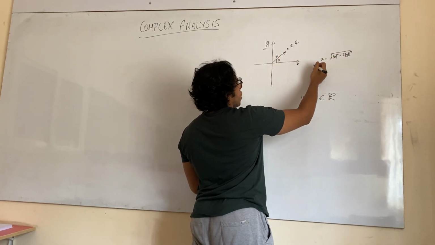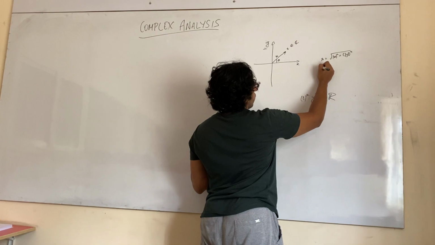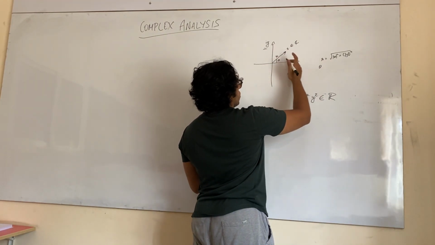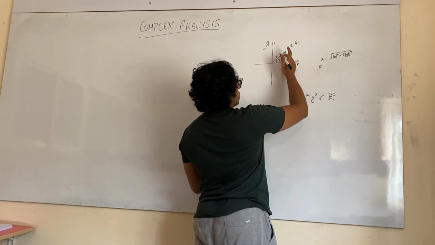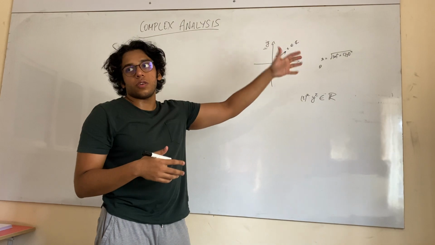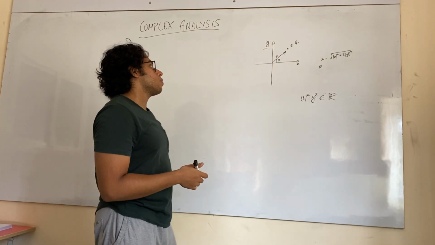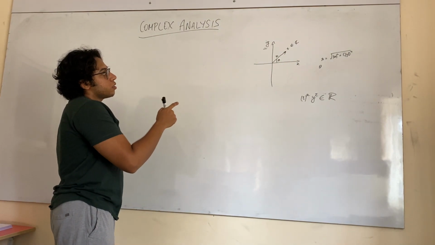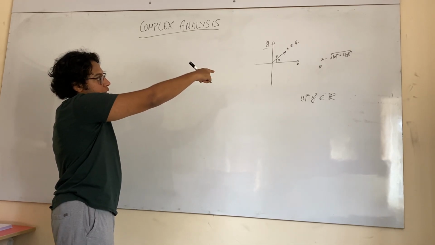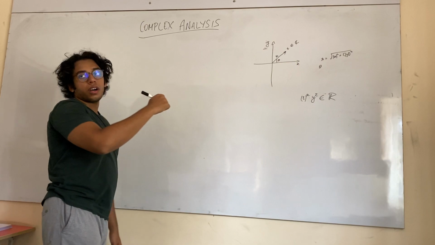So then you have r, and theta is the angle. So you can represent it using the sine and cosine: r cos theta is equal to x, then r sin theta will be y.